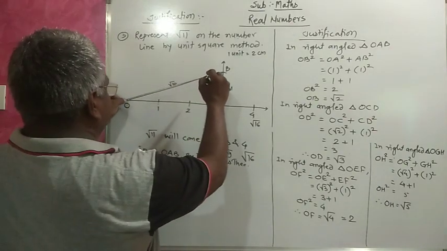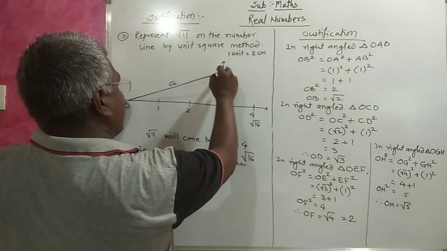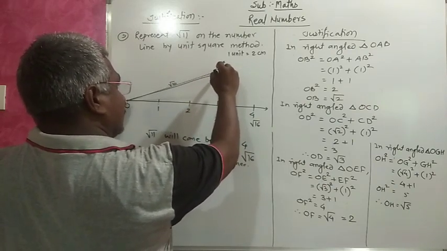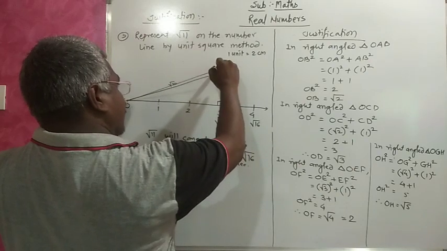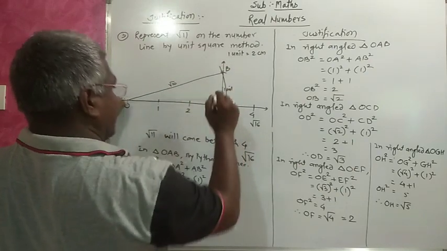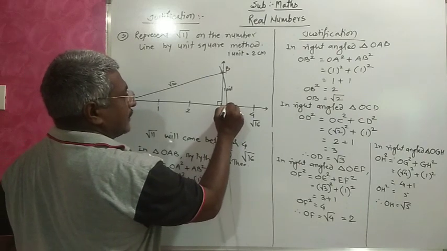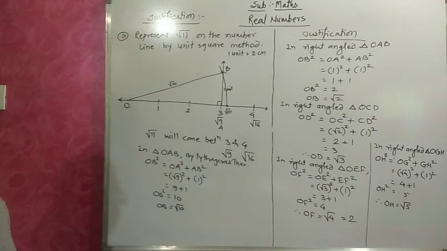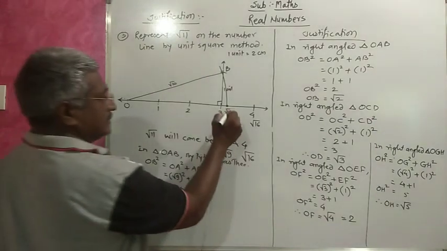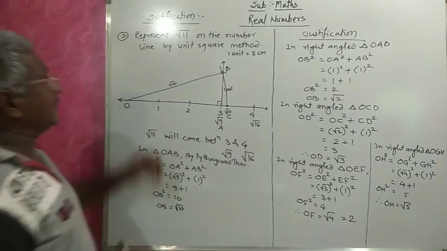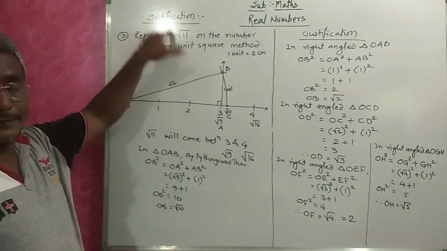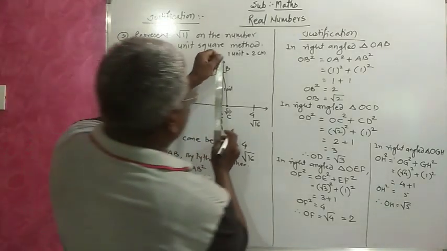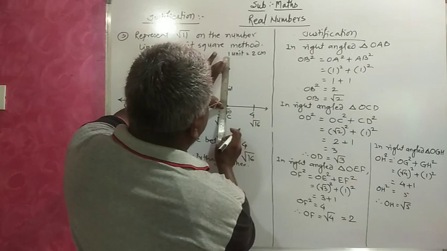Take the OB distance in a compass. Got it? Now draw the arc. So here we got root 10. Now this is C. Which number has to be represented? Root 11. We got root 10, and we need one more, so we have to draw a perpendicular again here.